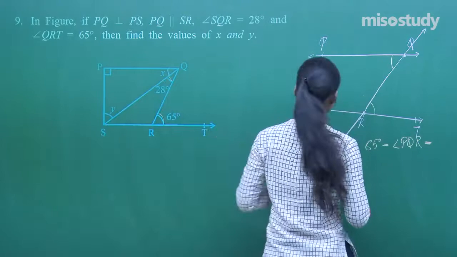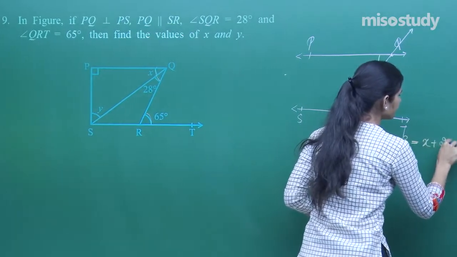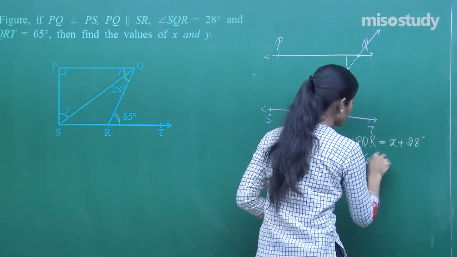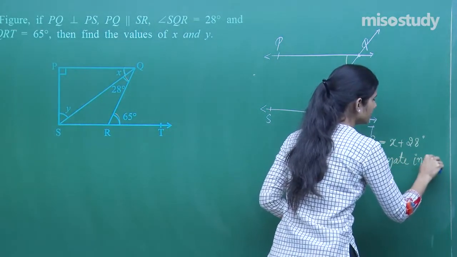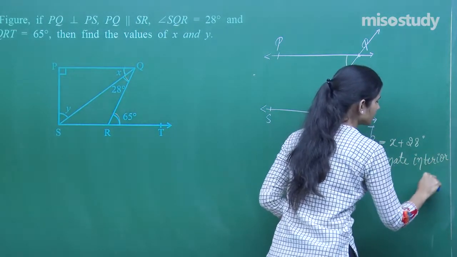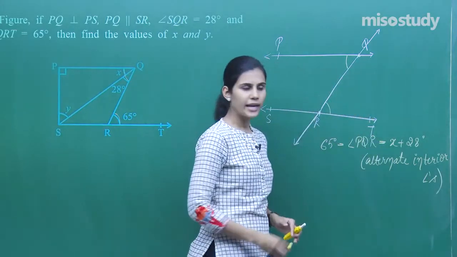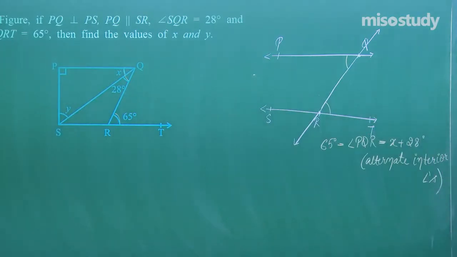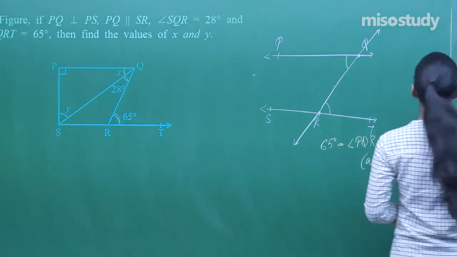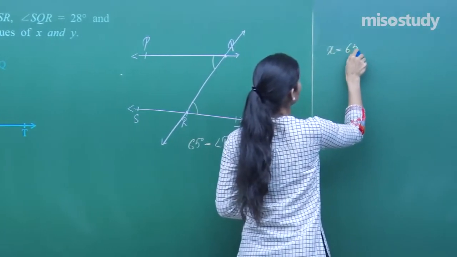It is X plus 28 degrees. Why? Because they are forming a pair of alternate interior angles. So if 65 is equal to X plus 28, X is 65 minus 28.